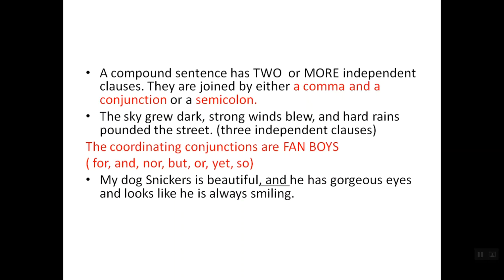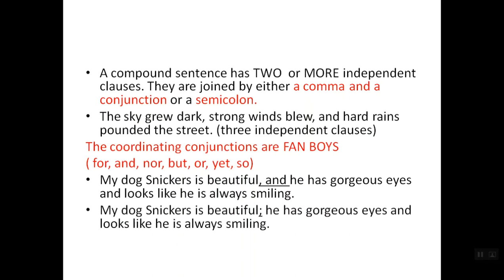So this is a compound sentence. 2 subjects. The first subject is my dog. The second subject is he. The first predicate is. The second predicate is has. Okay? My dog Snickers is beautiful; he has gorgeous eyes and looks like he is always smiling. The same, but instead of the comma and the coordinating conjunction, I inserted a semicolon. It's the same.